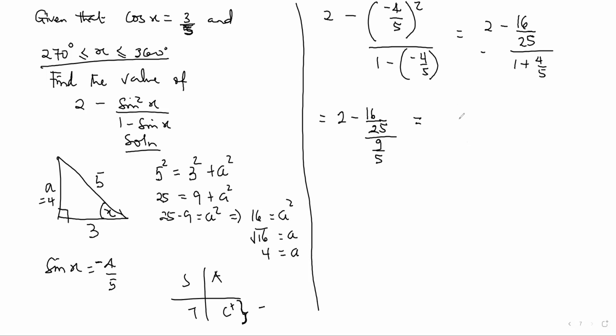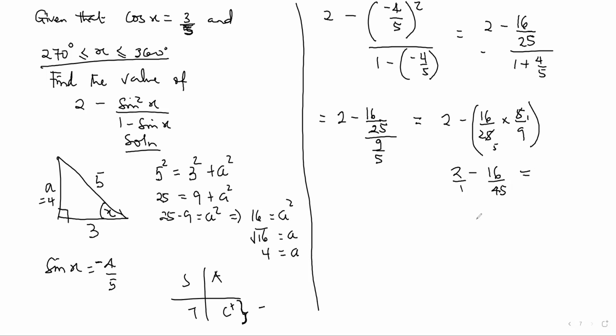So you have 2 minus 16 divided by 25 times this will become 5 over 9. So 5 here 1, 5 here 5. And the same as 2 minus 16 on 45, over 5 times 9 is 45.